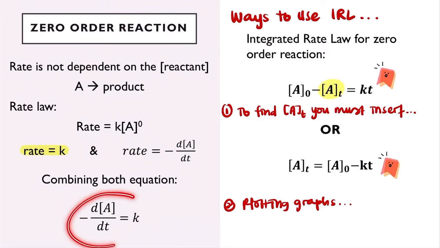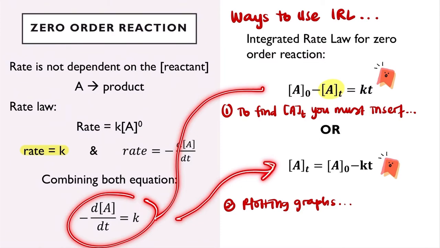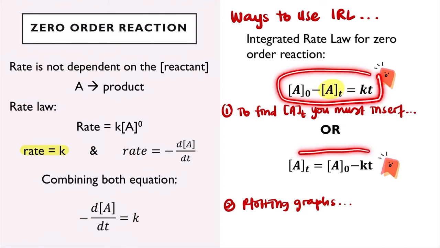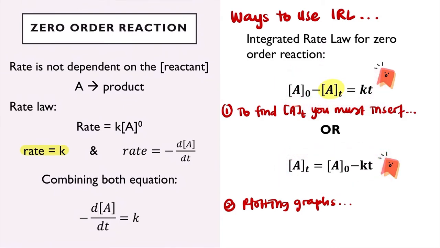So from here to here and here, there are some derivations that happen, but you do not need to know. You need to know the integrated rate law that you will get, okay. So you need to know these two. So this integrated rate law, let's say if you want to find concentration at time t, you must just insert your initial concentration and rate constant and also your time lah, okay.